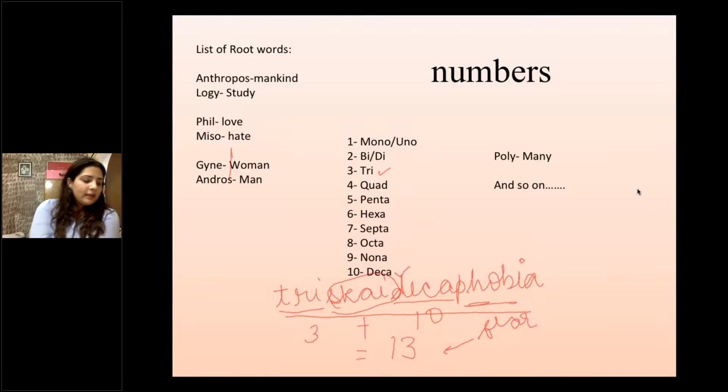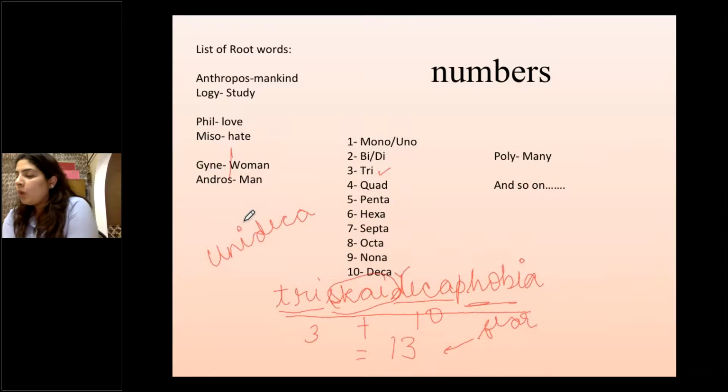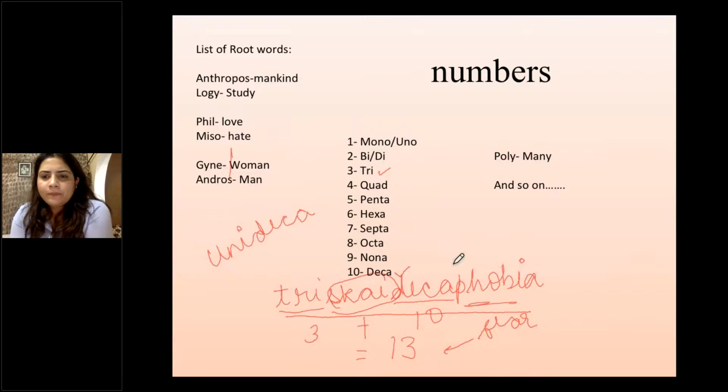Triphobic. Okay. So tell me, what is unideca? Come on, tell me. What is unideca? Stuti, your answer is correct. Ashdeep, absolutely correct. Very good. Anurag, Hardik, Priya, Srishti, Prableen, Urvashi, this is wrong. Unideca is not 10.